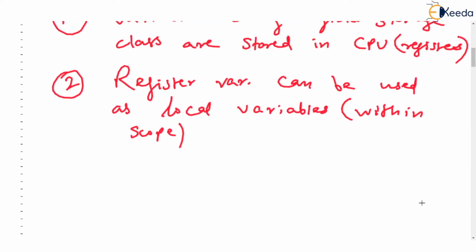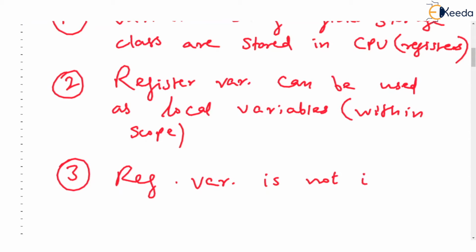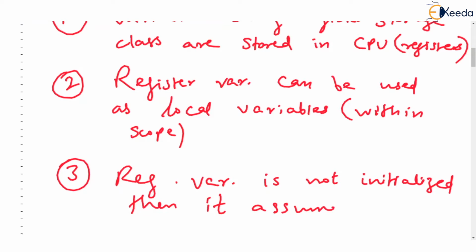The third property is, if a register variable is not initialized, then this variable assumes some random value, some garbage value.